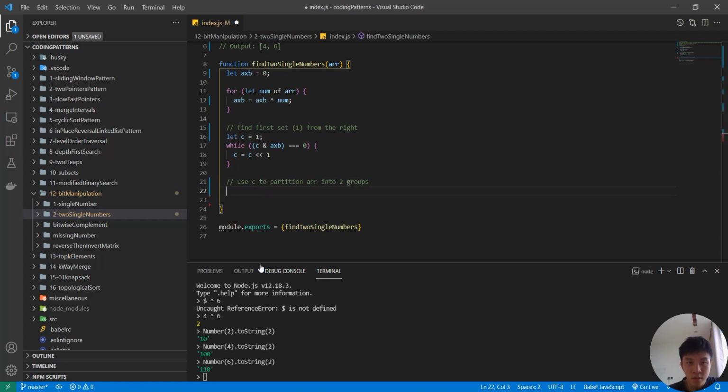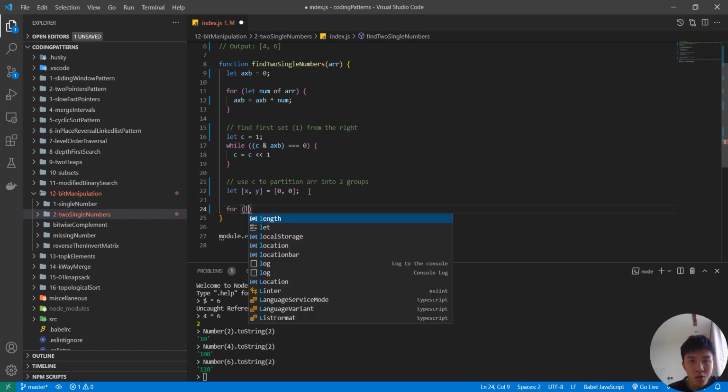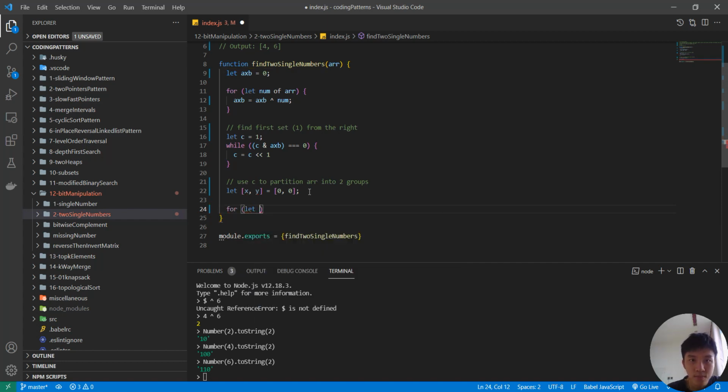So we have group x and group y, initialized at 0. We loop through the numbers in the array.